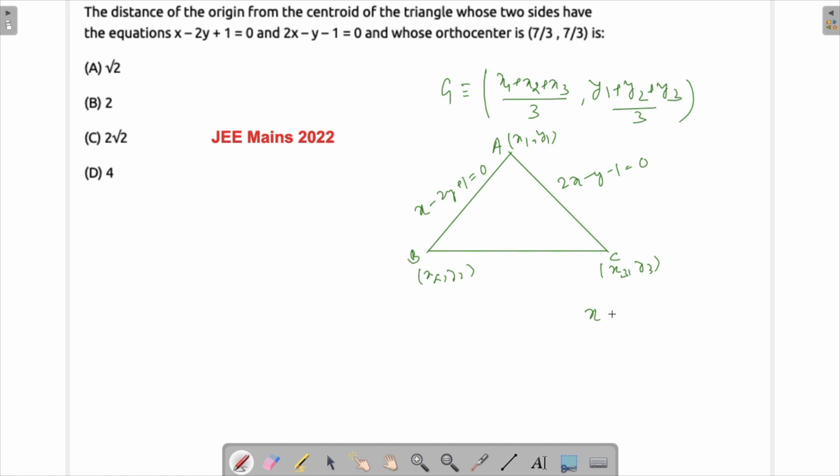So then I will have x minus 2y equals 2 minus 1. That is my first equation. And then the next equation is 2x minus y equals 1, right? If I have to solve this, I have to multiply the first one with 2 and then subtract it. So if I multiply with 2 and subtract, I will get minus 3y here. 2x and 2x will cancel.